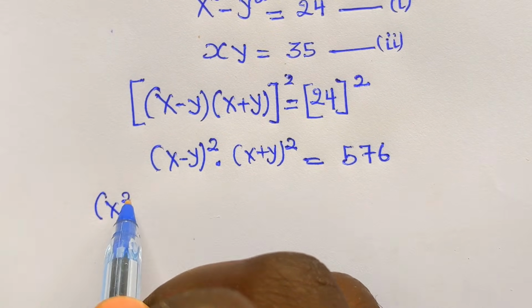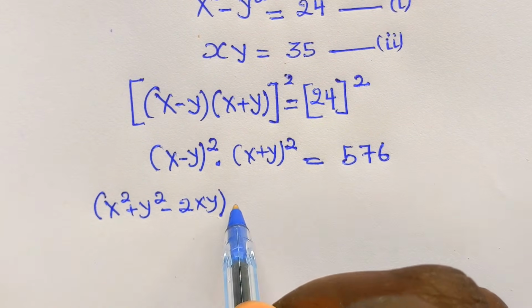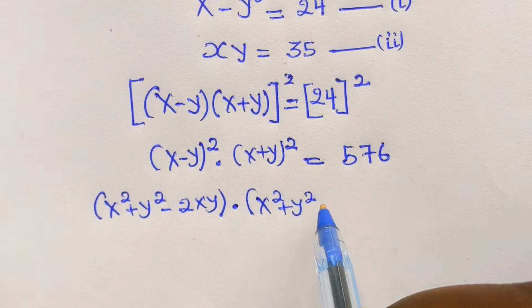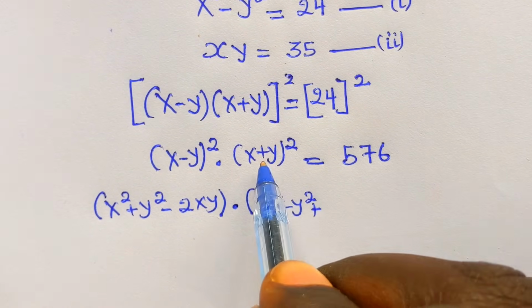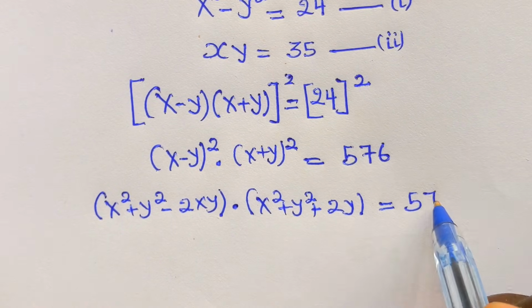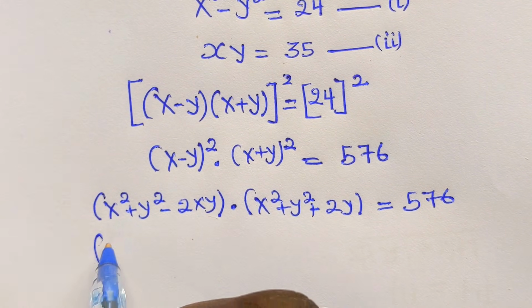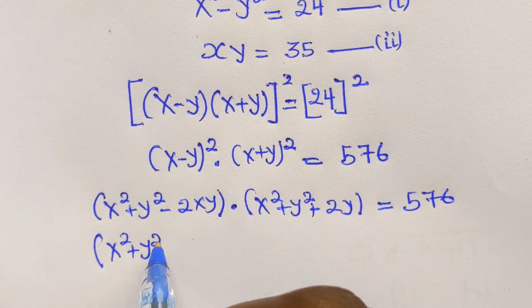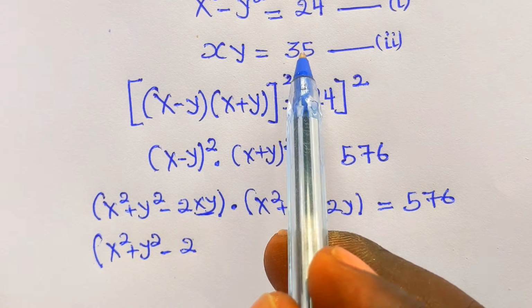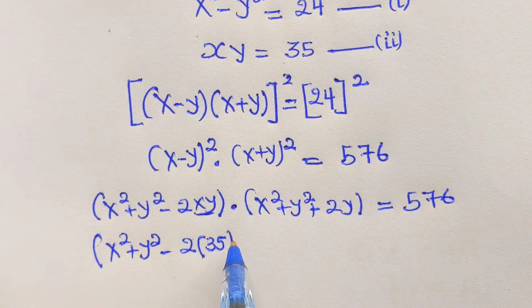(x squared plus y squared minus 2xy) times (x squared plus y squared plus 2xy), which equals 576. We have xy equal to 35 in the equation above, to mean that this is 2 times 35.